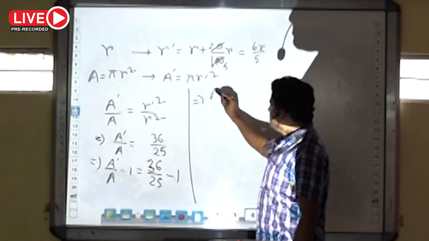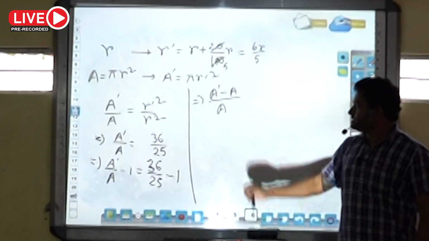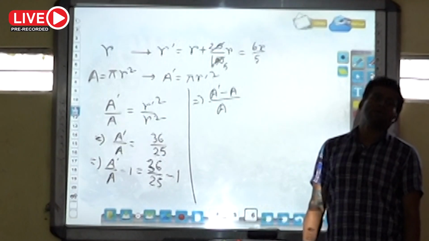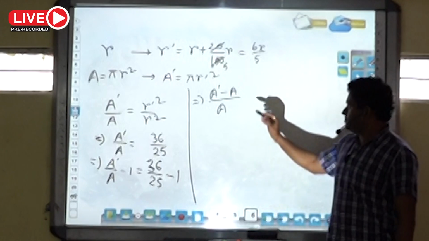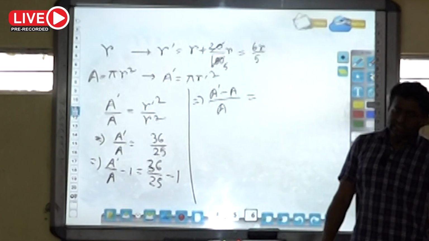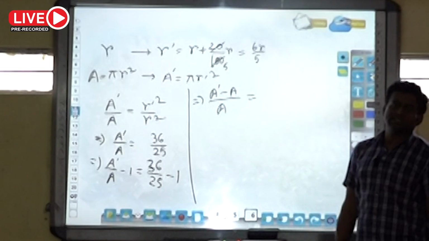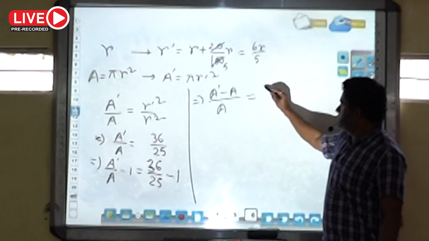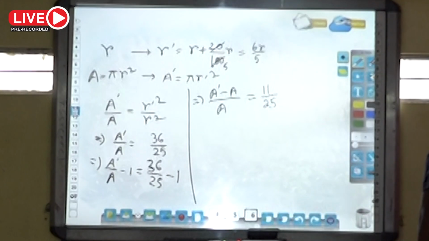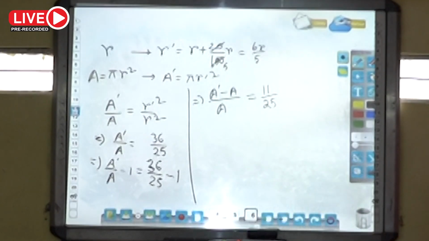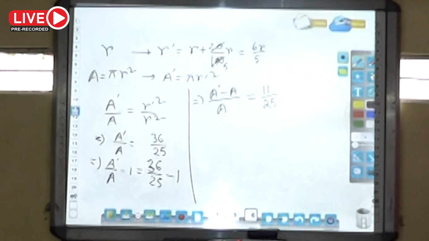It is giving you A prime minus A by A. That is the change in area divided by original area, that you have to calculate for calculating the error. Equal to 36 minus 25 by 25. So 36 minus 25 means 11. Perfect. Now this quantity is called proportional error, proportional error in measurement of area.